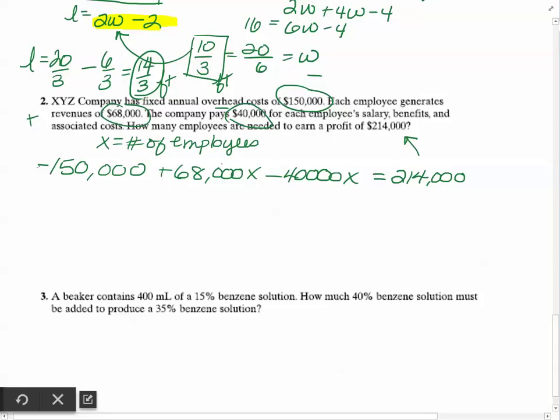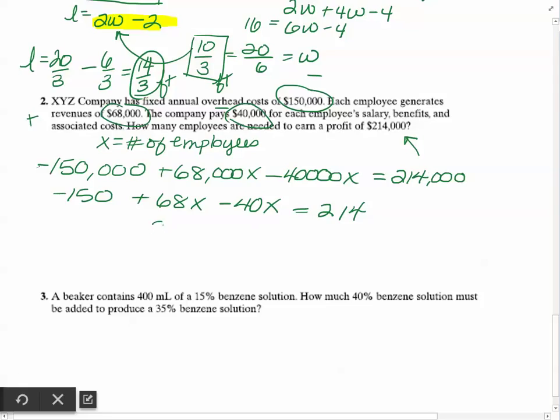All right, so the hardest part here is just coming up with this equation. Now, this is cumbersome to deal with all of these zeros. So if you divide everything by 1,000, you're going to end up with something much easier to deal with. So I'm just dividing everything by 1,000. So all three zeros at the end are just going to go away.